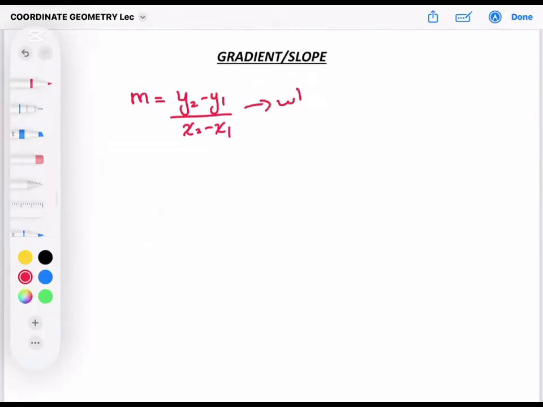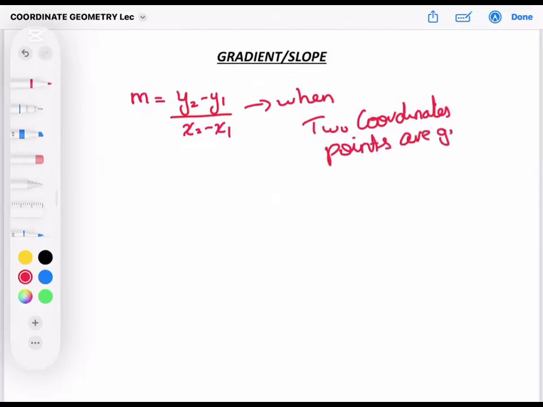When two coordinate points are given, then we can use this formula y2 minus y1 upon x2 minus x1. This is the formula.